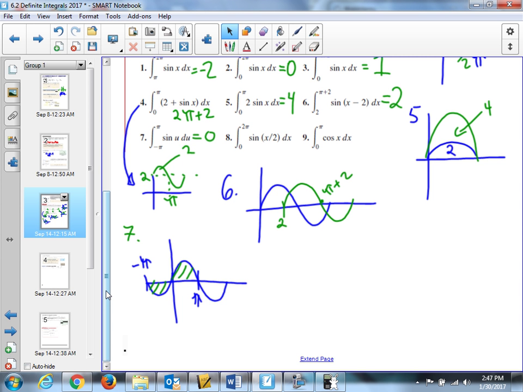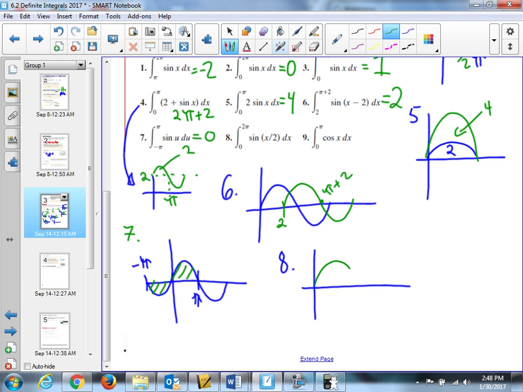Number 7. 8. What does it mean when we have x over 2 inside that function? It's working on the x. Horizontal stretch. And it stretches it by 2 times the normal amount. Just think, if you plugged 2 pi into that equation, you'd get the answer you normally got at pi, right? Because it's cut in half. So for 8, what you'd normally get at pi, you now get at 2 pi.